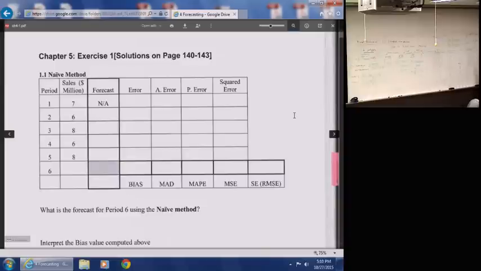This one, you got 6 minus 7 squared is 1. It's weird, it's not supposed to be like this. 8 minus 7 squared is 1. And then you sum it, you got 4.